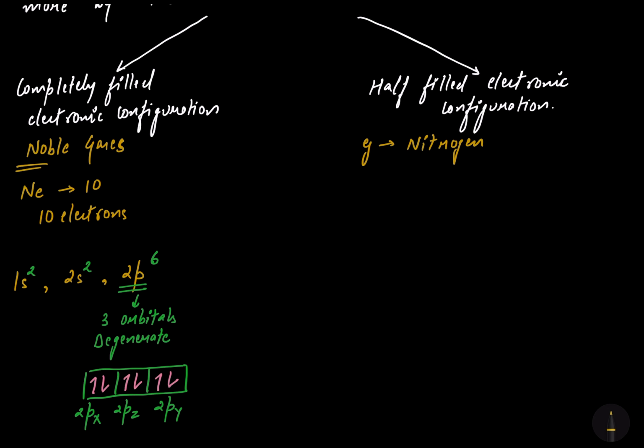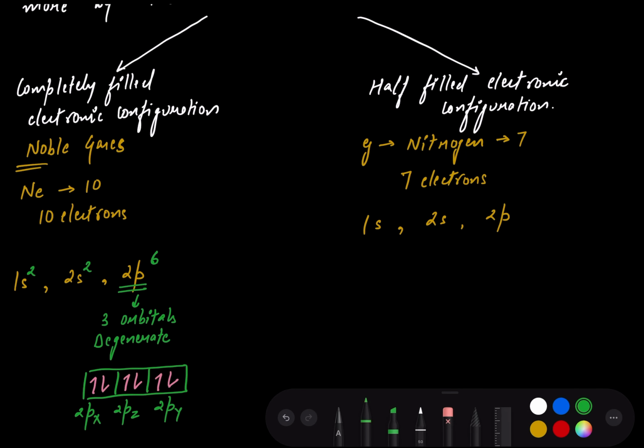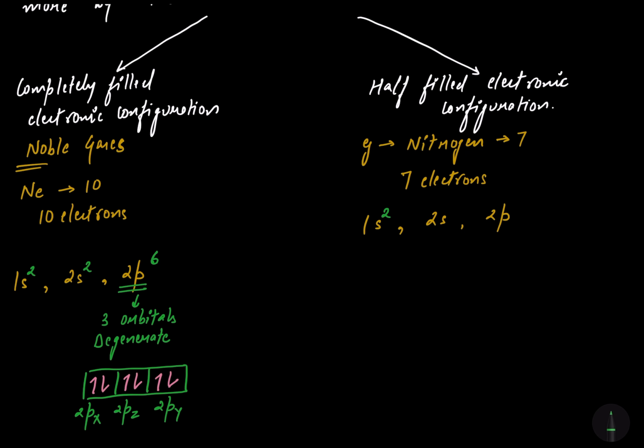What's the atomic number of nitrogen? It's 7. That means we have to fill 7 electrons. So let me write the configuration: 1s, then 2s, then 2p. It's the increasing order of energies of subshell. So now fill the 7 electrons. Firstly 1s will get 2 electrons, then 2s will get 2 electrons. We have to fill 7, so we are left with 3. So the 2p will get 3 electrons.